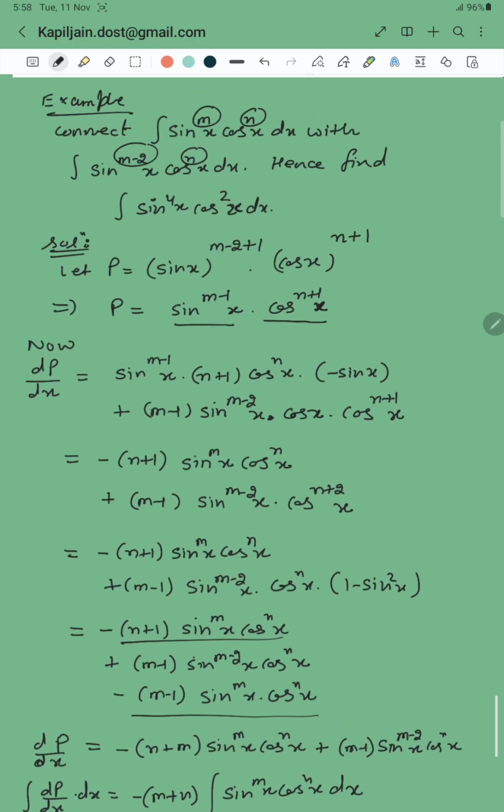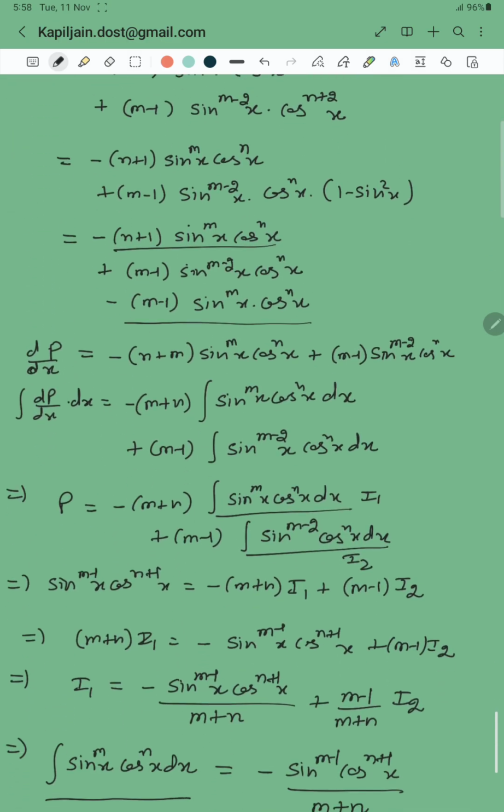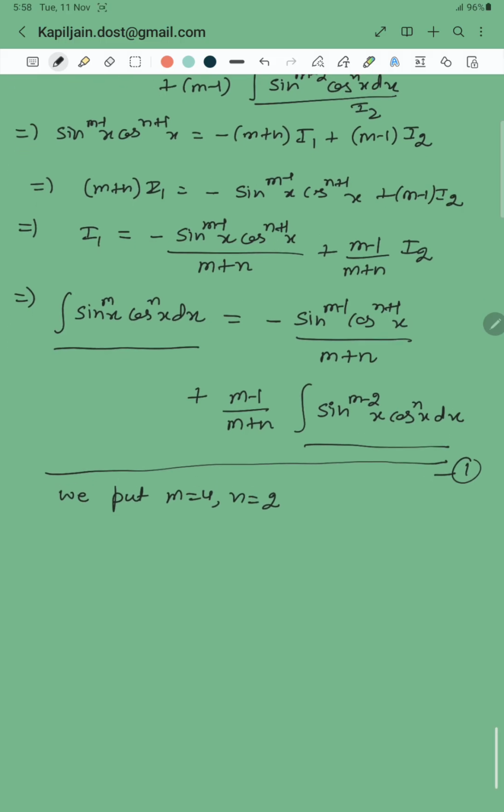Now we evaluate the integral sine raised to power 4x into cos raised to power 2x. For this we put m equal to 4 and n equal to 2 in the final result. Let's say this final result is 1. So we put m equal to 4, n equal to 2 in 1.